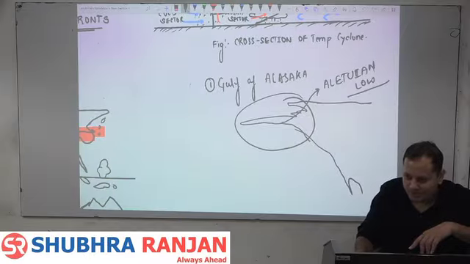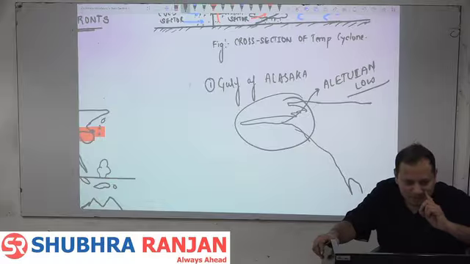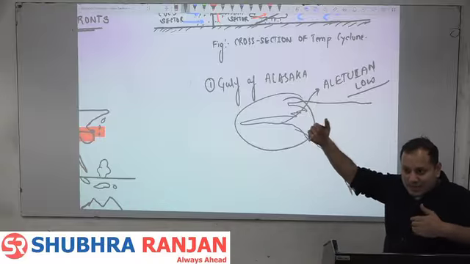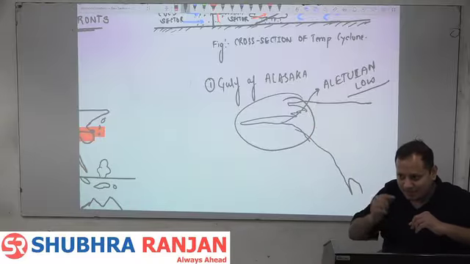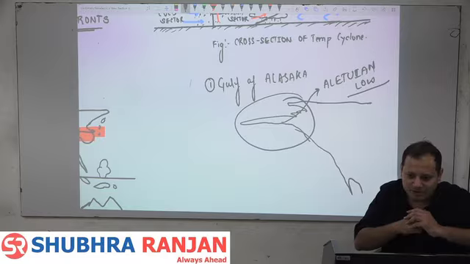Aleutian low. If you remember, permanent low pressure belt in the northern hemisphere, Aleutian low. So it is a subpolar low pressure belt जहाँ पे हमेशा warm westerlies and the cold polar easterlies will be attracted. Therefore, because of the formation of Aleutian low.